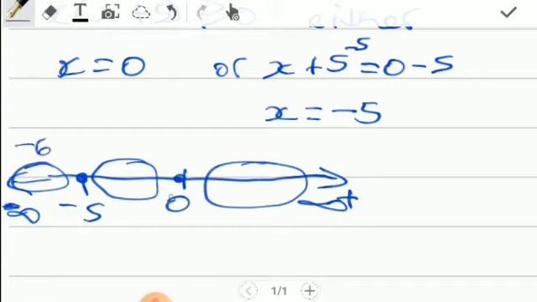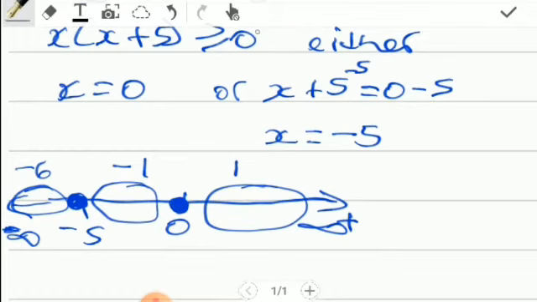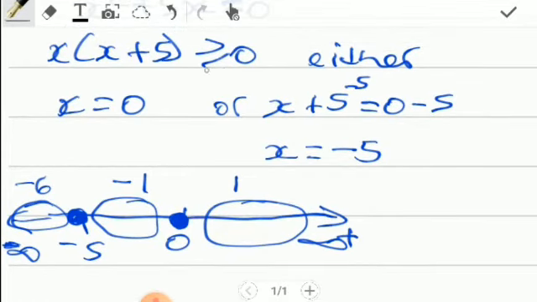Between negative 5 and 0, I could test negative 1, and for greater than 0, I could test 1. The endpoints are part of our solutions because we have equal in our inequality, greater than or equal.